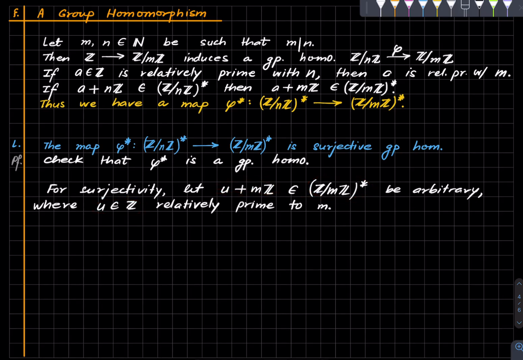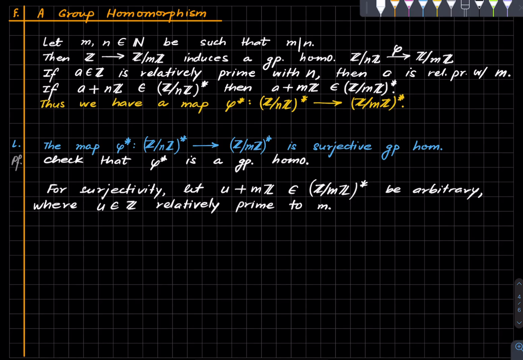We want to say that there is something here which maps to that, and we will manufacture it. I encourage you to pause the video and try to manufacture such a thing by yourself. The way I know how to do it is fairly interesting. There must be some simpler way.